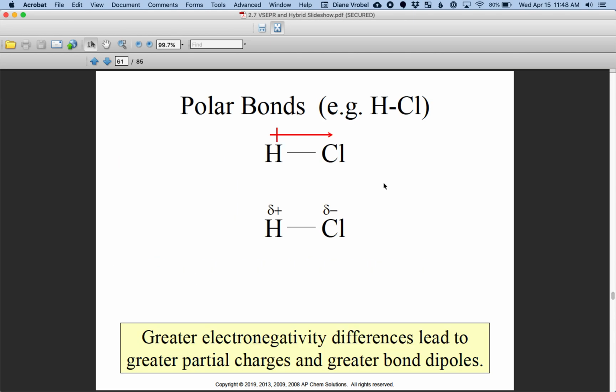So here is an example of a polar bond. If you were to look at electronegativity, you would know that chlorine is more electronegative than hydrogen. So as a result of it, the flow of electrons is going to be more towards chlorine than it is hydrogen. Now they're still sharing electrons within this bond, but you're going to notice that the electron density is going to be higher near chlorine. So what we do is we actually represent it with a little delta symbol, and we call it delta negative.